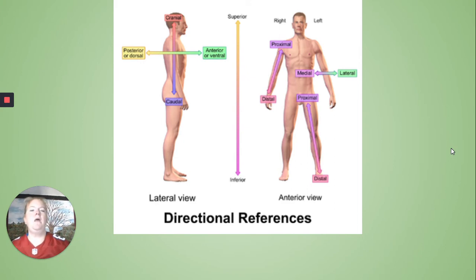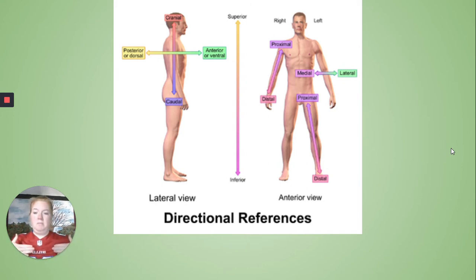Now, there's right and left. Remember, we're always thinking about the body in anatomical position. So it's the right and left of the person I'm looking at. And then we have medial and lateral. Medial is going to need you to imagine a line drawn down the center of my body, through my nose, down through the sternum, through the belly button.